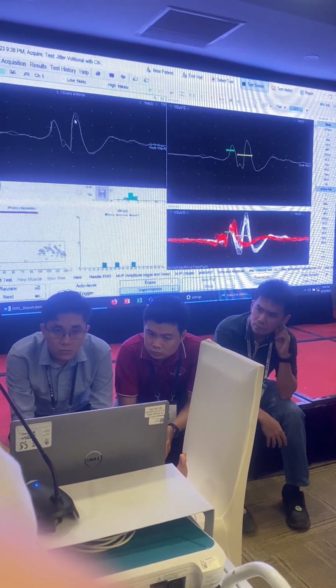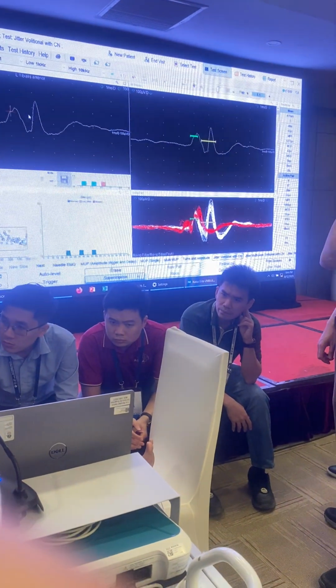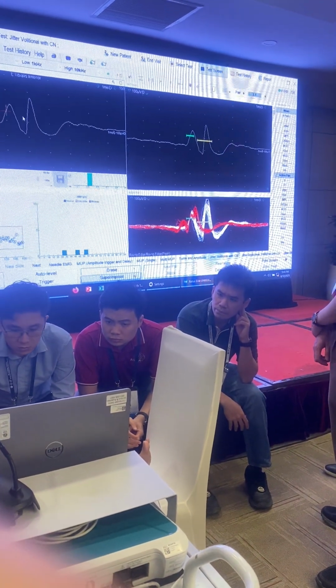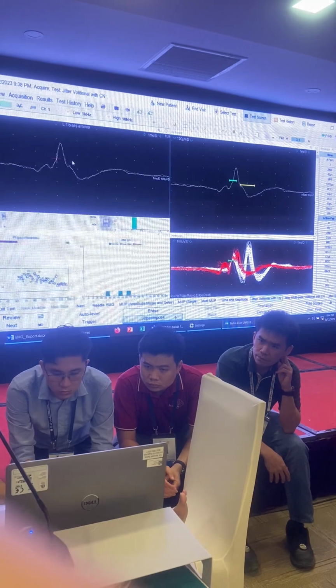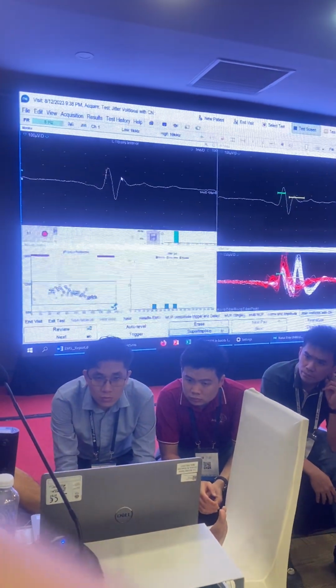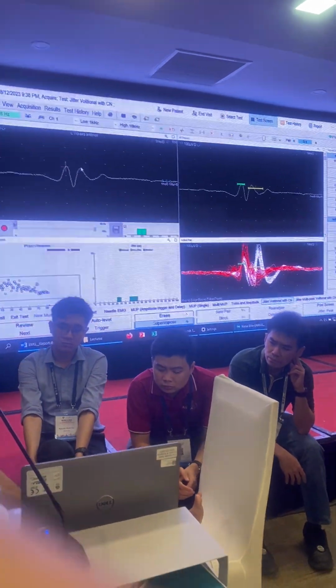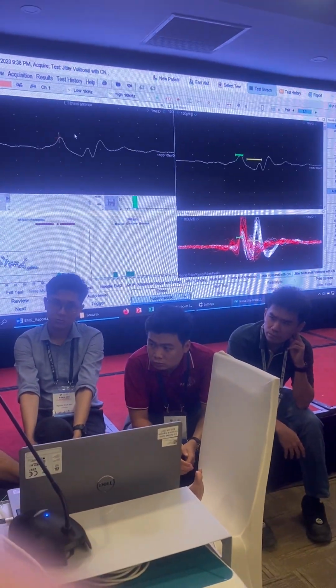Again, this is a composite spike. You can see it has got multiple peaks. So that's not a good recording. Again, I adjust the needle.